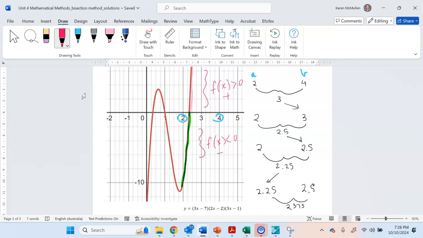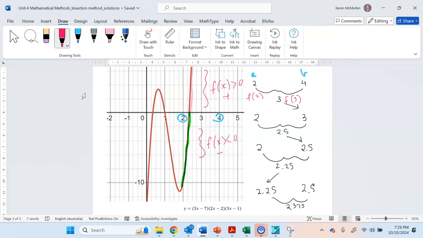So what we would do is we would say, all right, let's have a look at f of 2. So we've got f of 2, and we're going to multiply that by our midpoint, so f of 3. So basically f of A times f of C, so C being your midpoint.